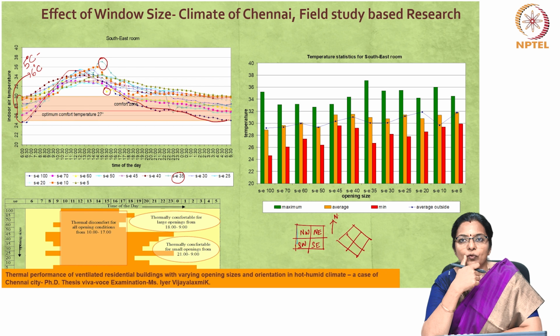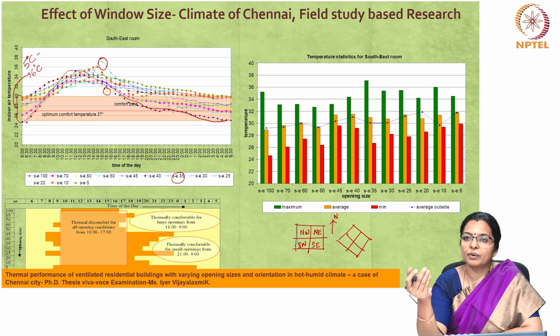As the size of the opening decreases, the thermal mass of the room again takes over. The wall slowly releases absorbed heat into the room, which the prevailing wind is unable to dissipate, and the indoors become warmer when the opening sizes are small. The indoors are uncomfortable for all opening sizes from 10 o'clock in the evening till 5 o'clock in the southeast rooms, that is almost 34% of the day.